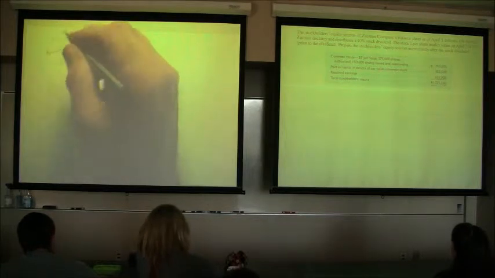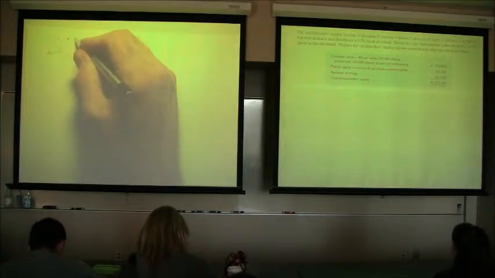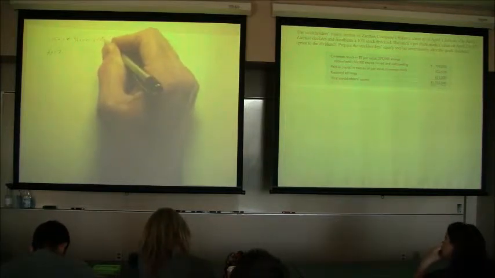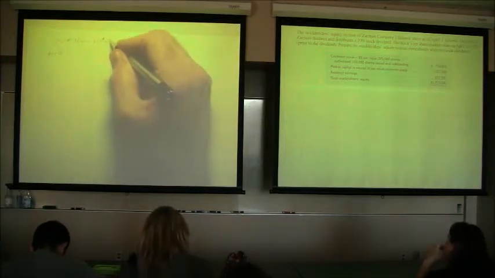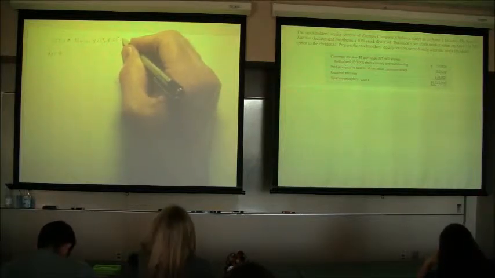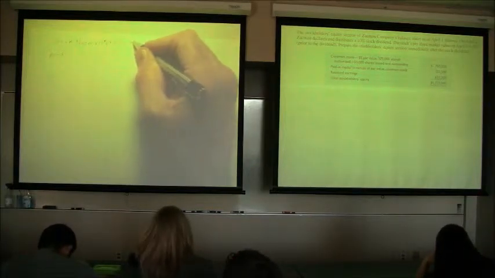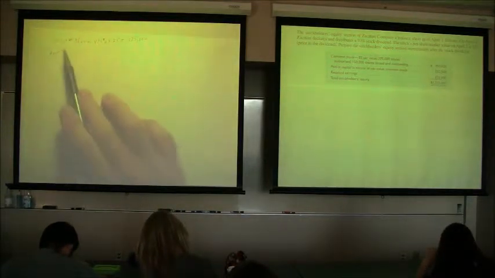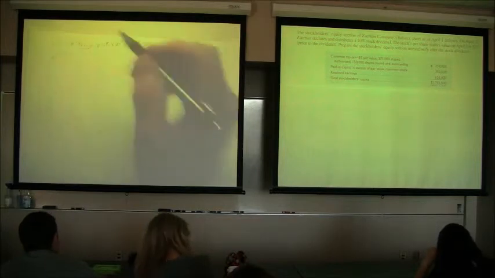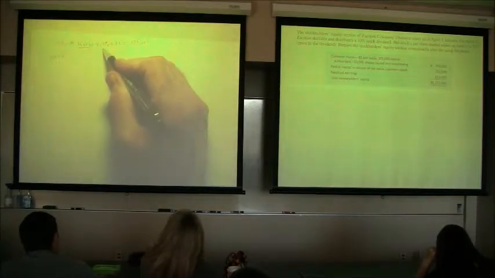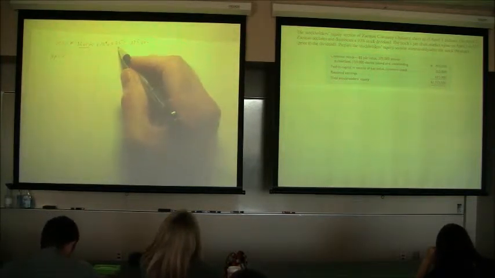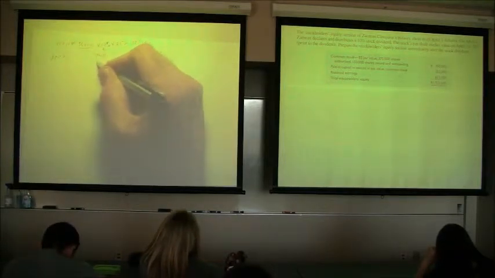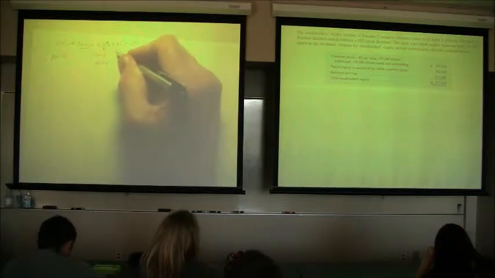It's a 10% stock dividend at $25 per share. That means that retained earnings will be decreased by $375,000. Here's the number of shares, here's the stock dividend, 10% of that, times the market value.